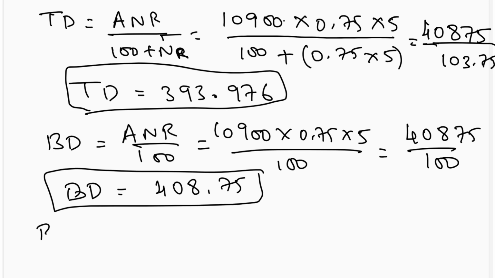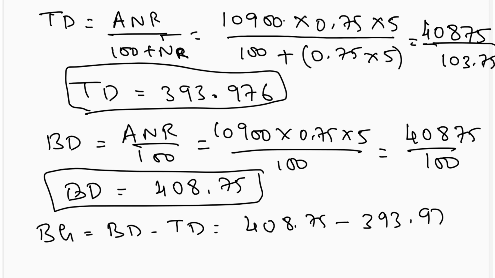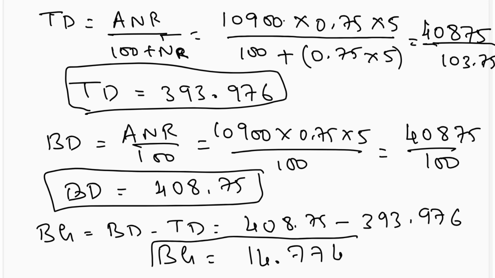Now the last, you need to find the banker gain. Banker gain is banker discount minus true discount, so 408.75 minus 393.976. The banker gain will be 14.774.